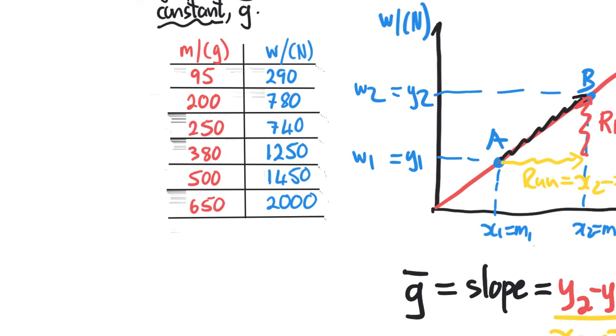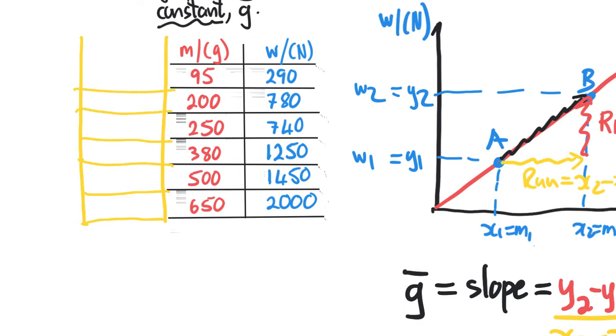So my suggestion is rather that before you plot the graph, we do the conversion from grams to kilograms in the table. So now we're going to convert mass in grams to mass in kilograms.